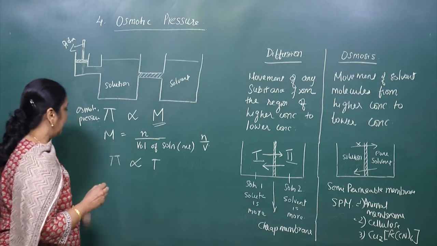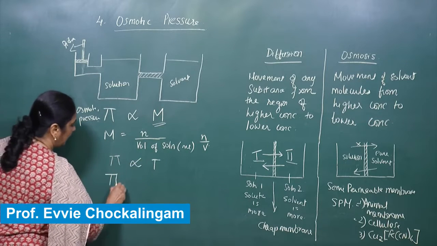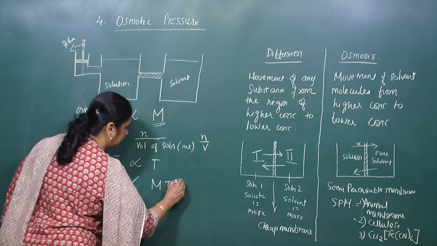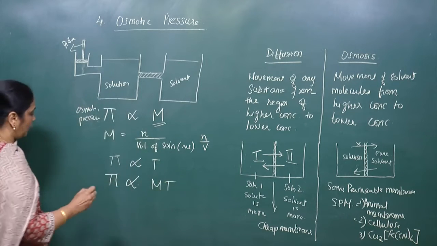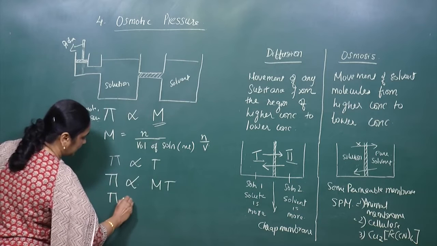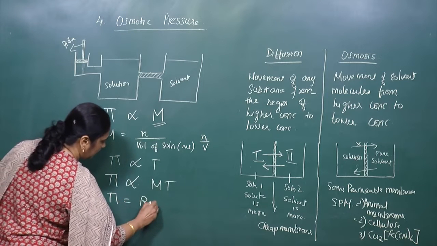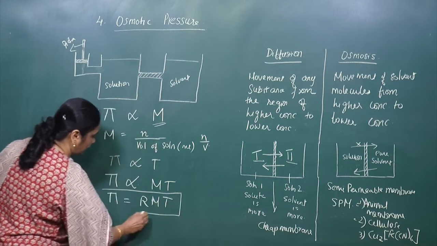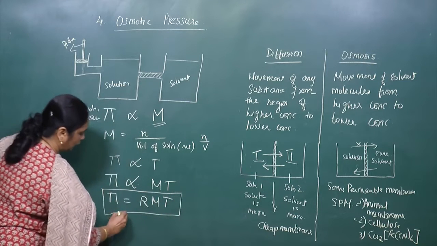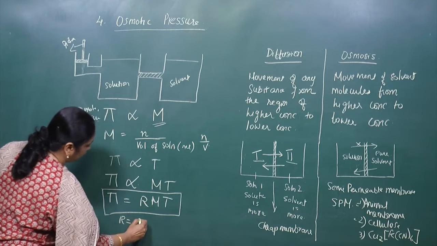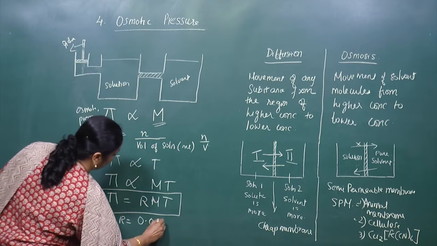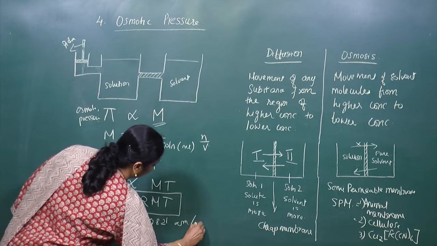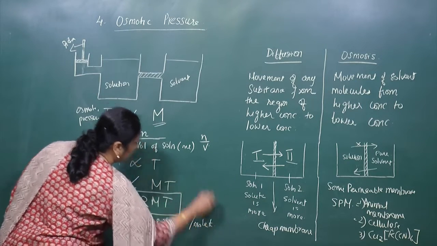Equating these two, pi is directly proportional to M times T. Removing the proportionality constant, pi = MRT, where R is the gas constant, and the value of R is usually taken as 0.0821 atmosphere litre per mole Kelvin.